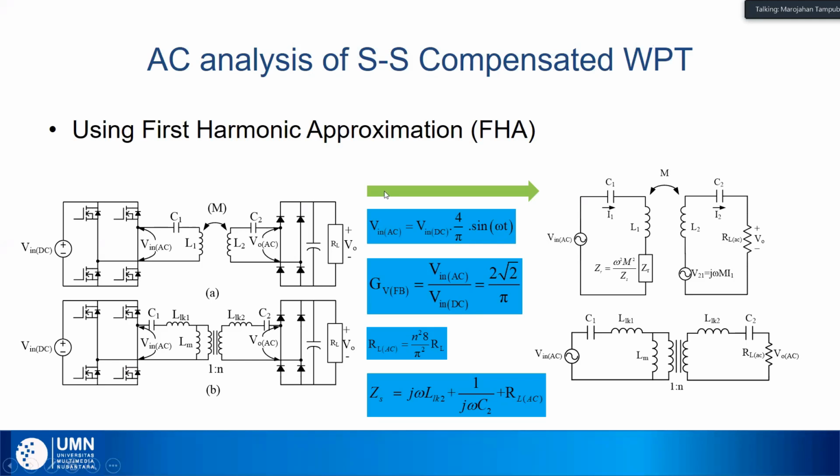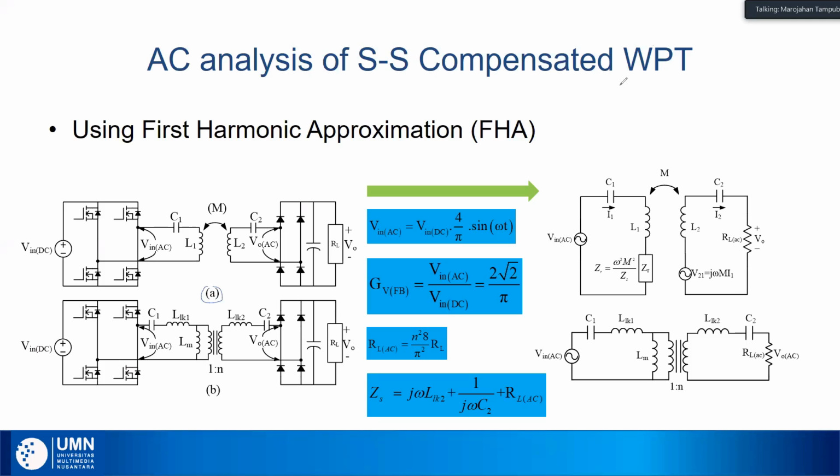So this is a series compensated WPT. In this picture, we have 2 types of model actually. The upper one, the A side here, is using the mutual inductance model, and the B1 is using the transformer model.